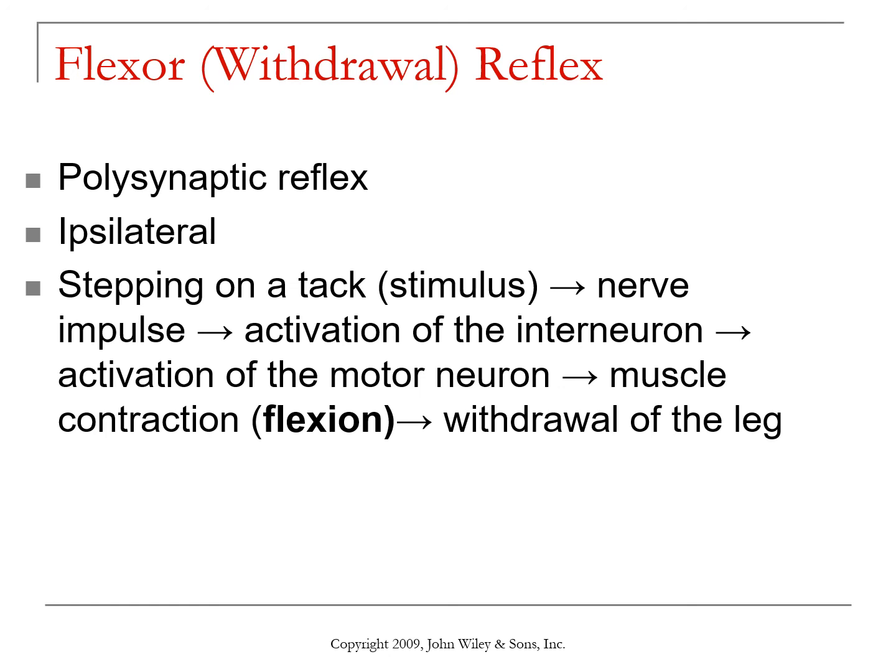If this was occurring in the hand, for example, the hand was placed on a sharp or hot surface, the hand would immediately withdraw as the signals are sent from the nociceptors into the spinal cord, integrating at several spinal cord levels involving several interneurons. But now the target or the effector would be the biceps brachii muscle and the brachialis muscles in the arm, which would cause flexion at the elbow and withdrawal of the hand from the painful stimulus.